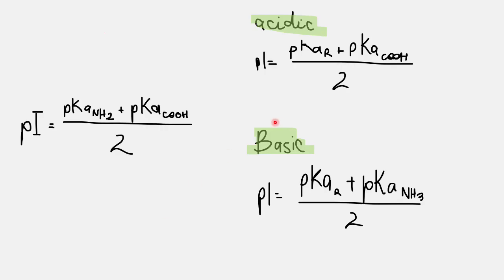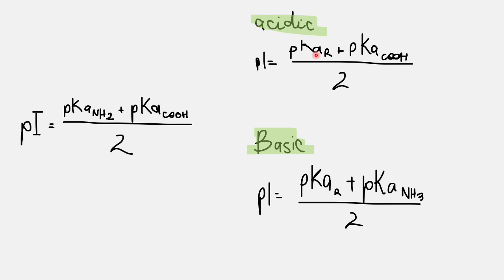The pI, this is another term we have here, is the pH at which the molecule is electrically neutral. There are a few formulas that are important to remember to calculate the pI. For uncharged amino acids, the pI is equal to the pKa of the amino group plus the pKa of the carboxyl group divided by 2.